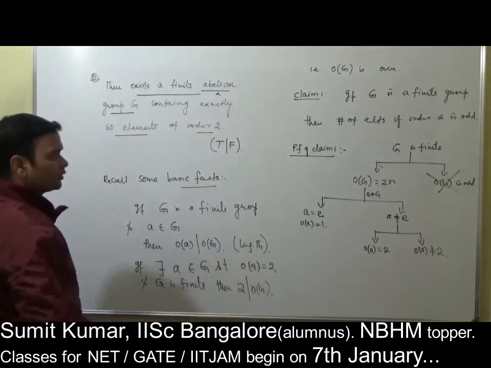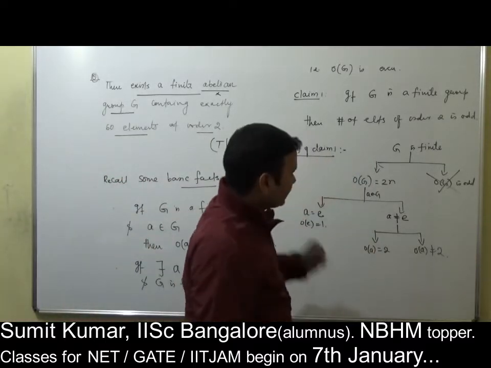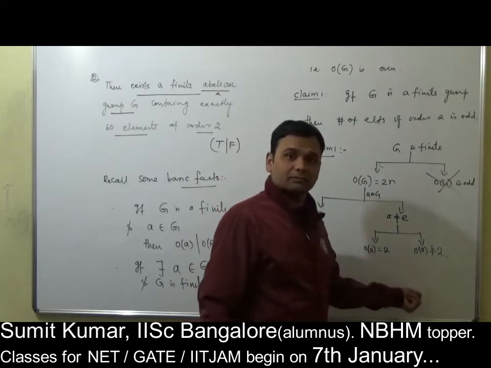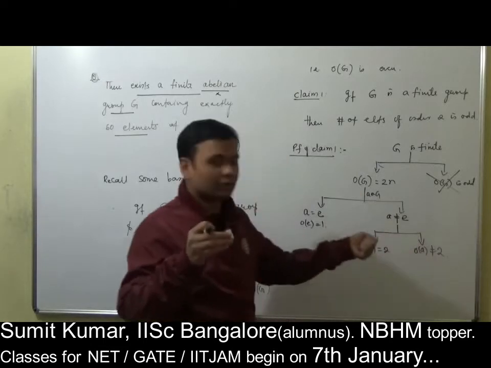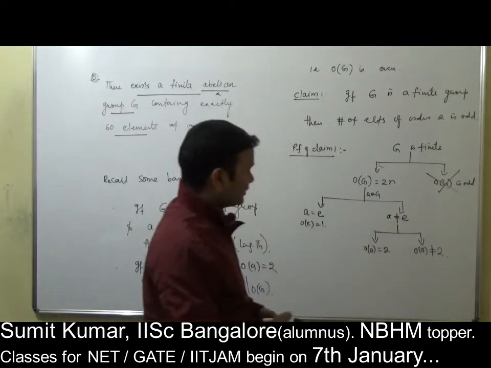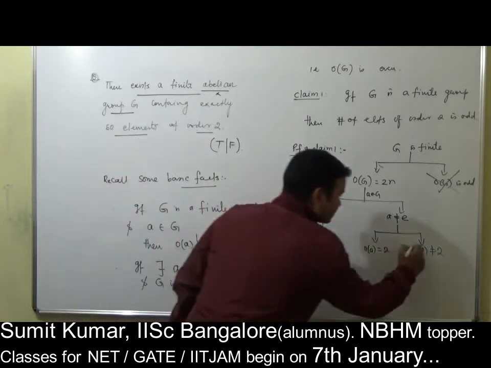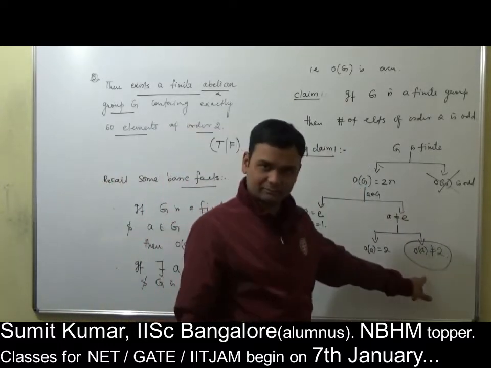Good. Now, if I prove that the number of elements having order not equal to 2 is even, then we are done.